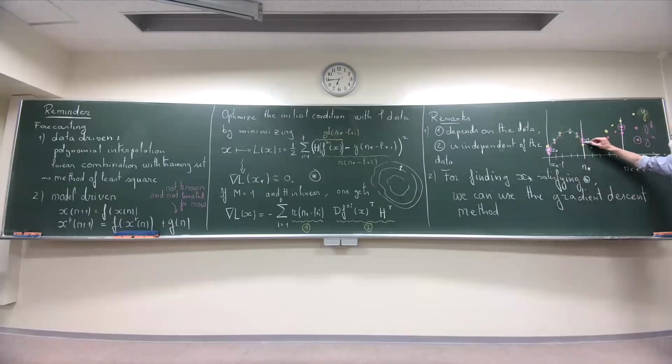And now from this point, which is neither the forecast that I had obtained before, nor the data, I'm going to forecast. Now with this initial condition, I forecast something for the future.